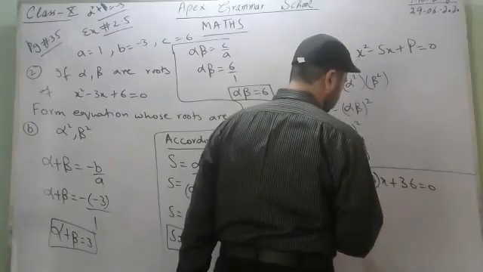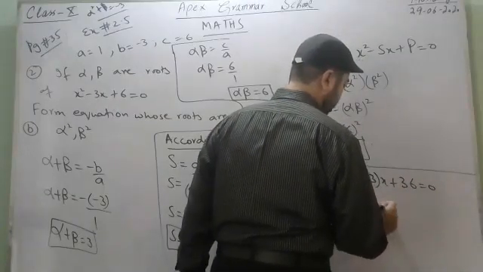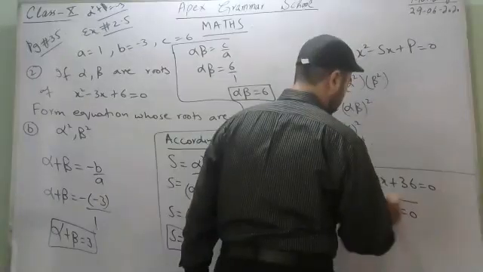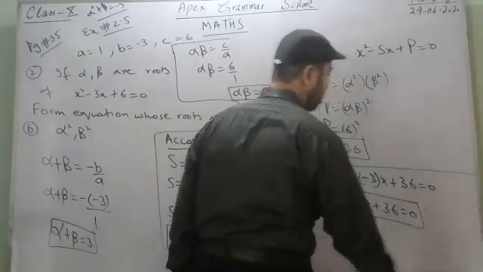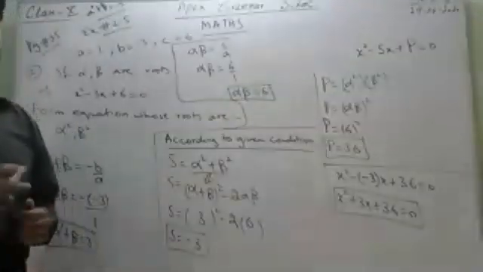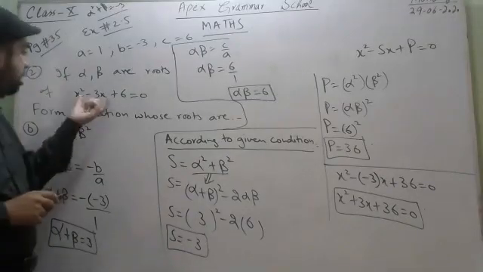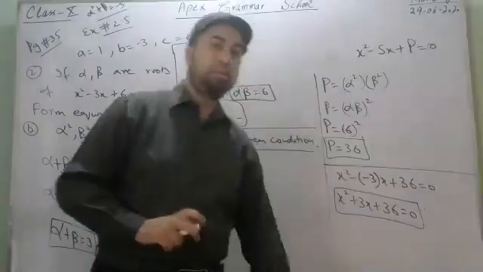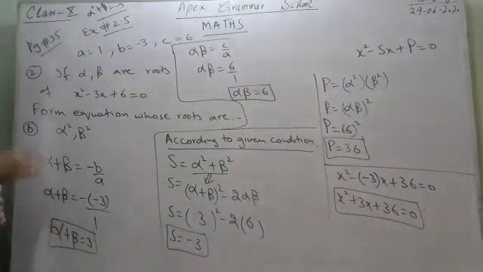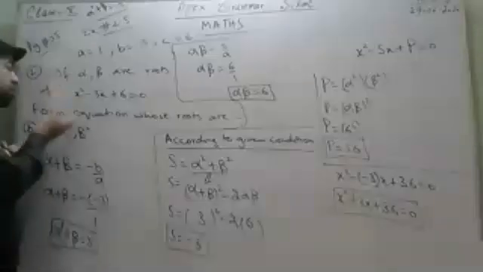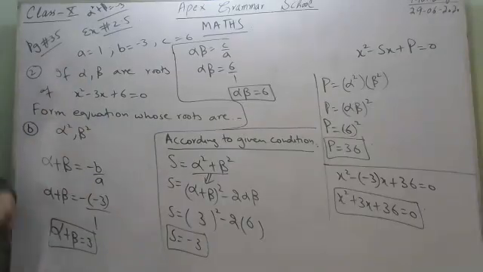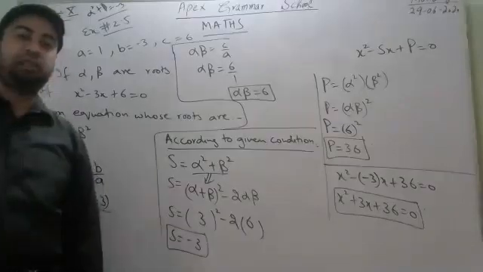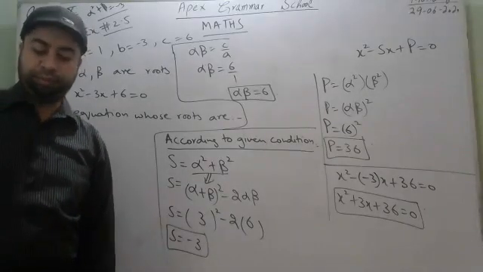Now it becomes X square plus 3X plus 36 is equal to 0. And that's it. Now you can see that this quadratic equation will change to this one by just changing their roots, alpha to alpha square and beta to beta square.